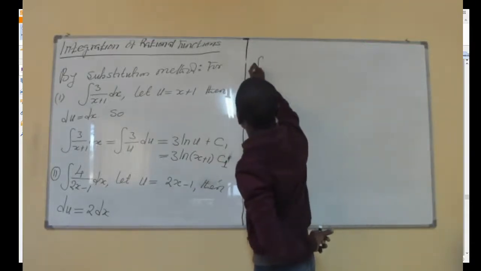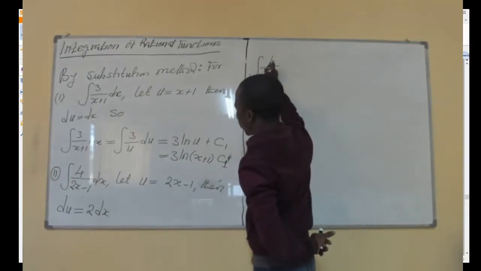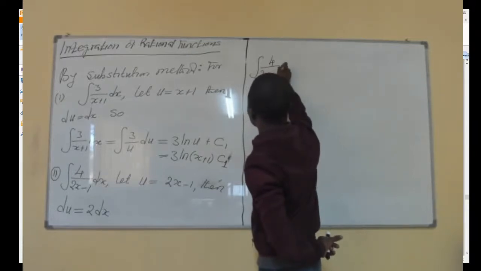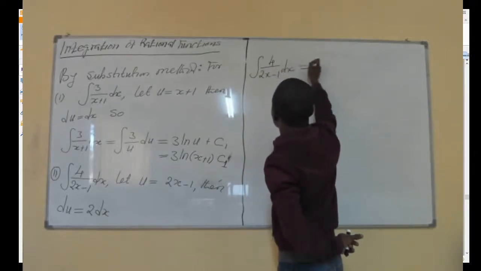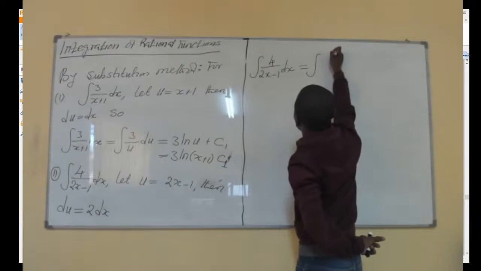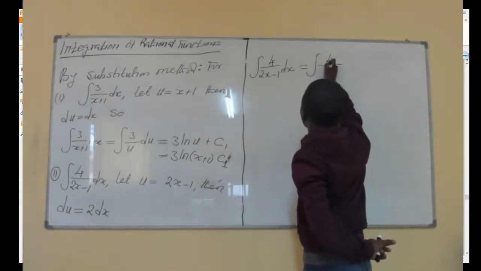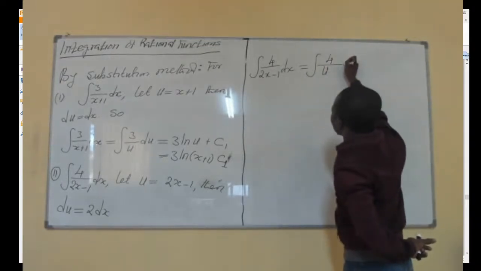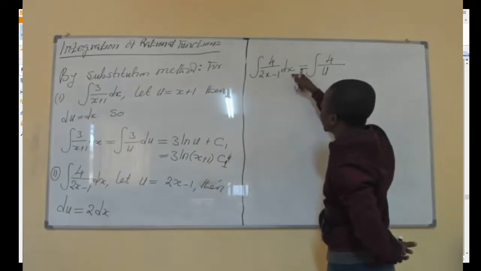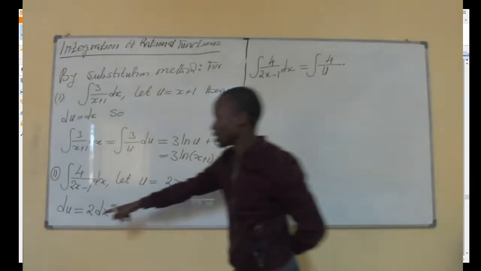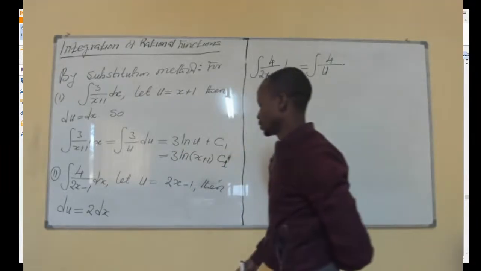that the integral of 4 over 2x minus 1 dx is equal to the integral of 4 over u multiplied by, now the dx, we are going to substitute with du.